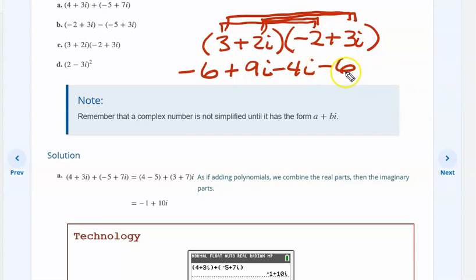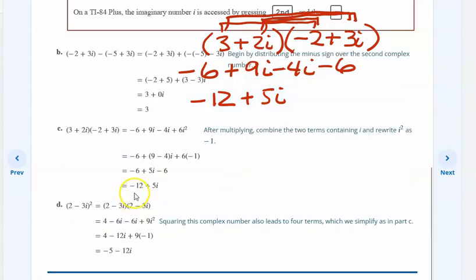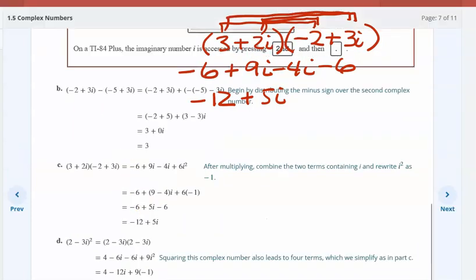Now we collect like terms. Negative 6 and negative 6 is a negative 12. And then 9i minus 4i is a positive 5i. All right, let's check this. And there it is, negative 12 plus 5i.